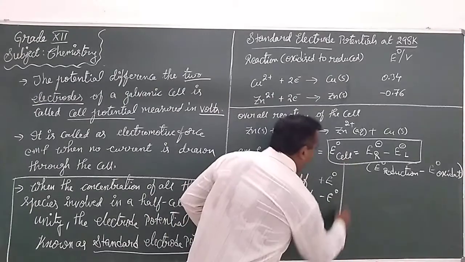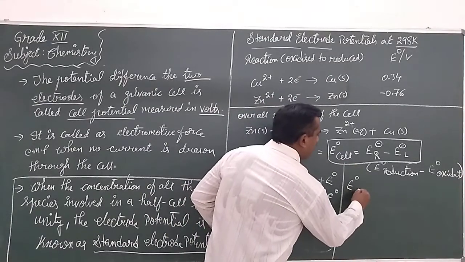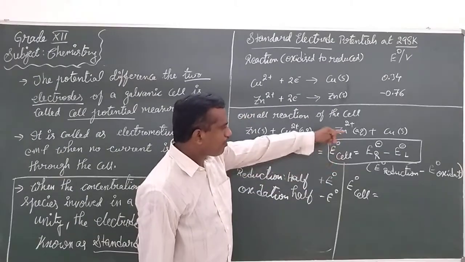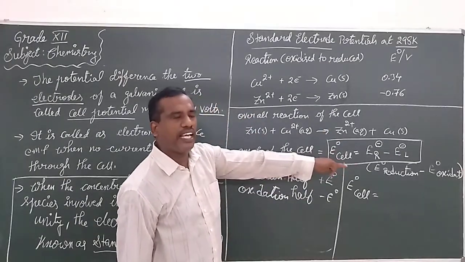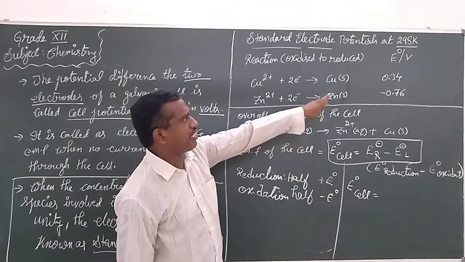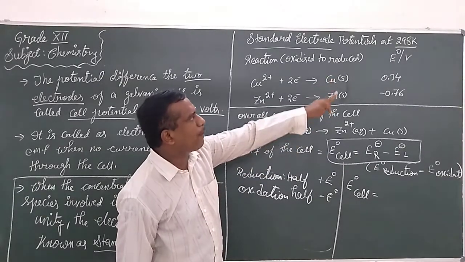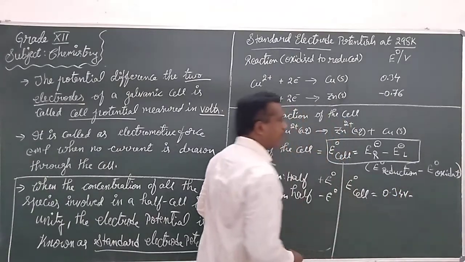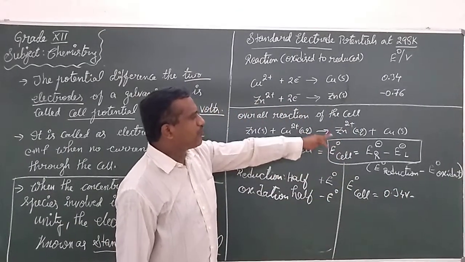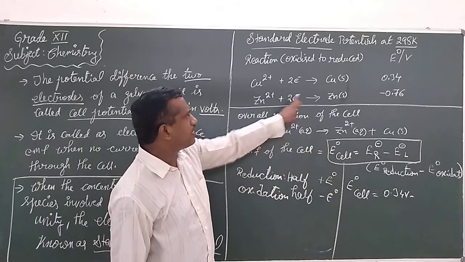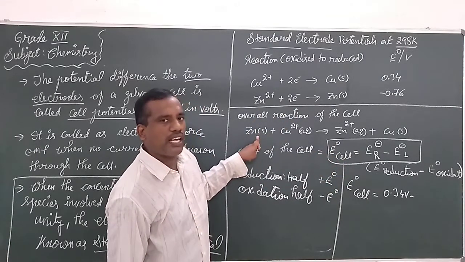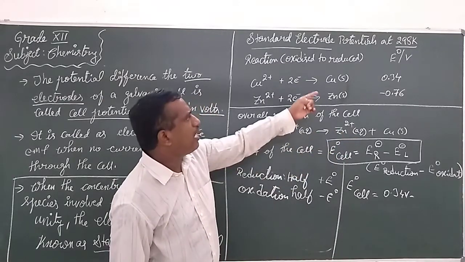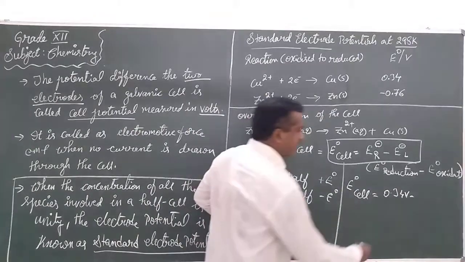Shall we apply the formula here? In order to calculate the electrode potential of the cell, reduction half cell minus oxidation half cell. Which is undergoing reduction here? Copper is undergoing reduction. What is the electrode potential of copper? 0.34 volts minus. Which one is undergoing oxidation? Zinc is undergoing oxidation into Zn2+ ions. What is its electrode potential? Minus 0.76.